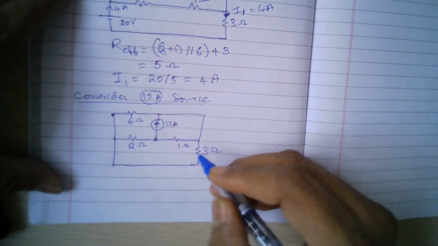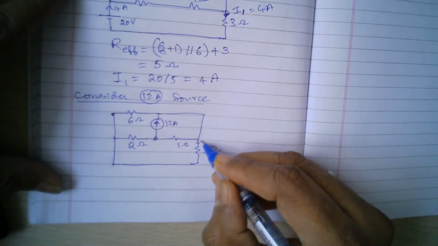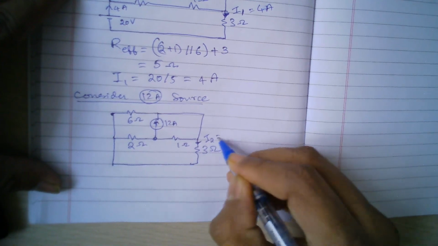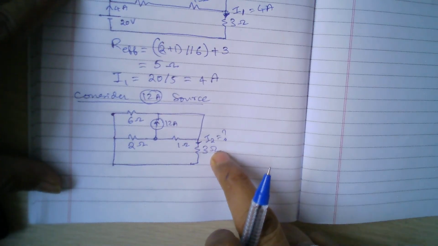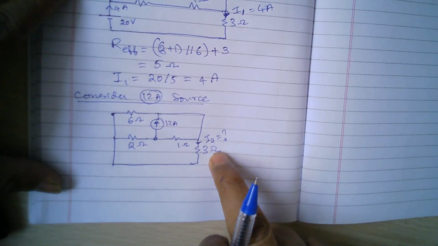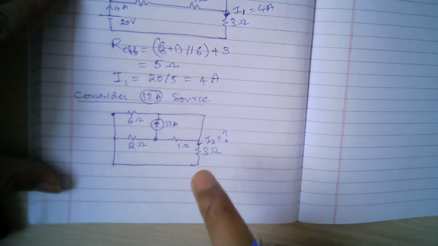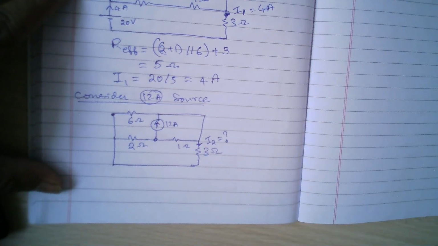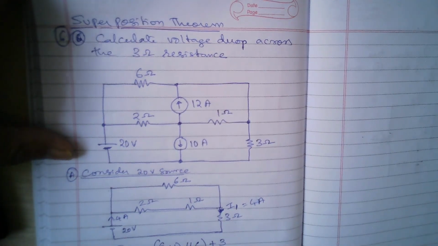So our objective now is to find this current, which we will denote as I2. Okay. So now to find this I2 current, there are several ways, but the easiest way is to use Thevenin's theorem. Now Thevenin's theorem I will be making a separate playlist on in future, but just follow it through me.